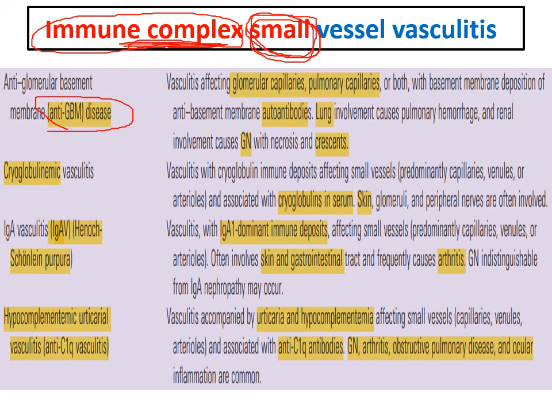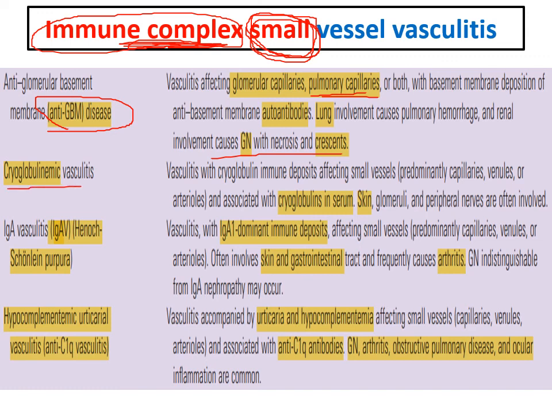Anti-GBM disease involves antibodies against the glomerular basement membrane. They usually affect basement membranes of the lung and kidney, causing pulmonary affection in the form of pulmonary hemorrhage, and kidney affection in the form of severe nephritic syndrome, proteinuria, hematuria, and rapidly progressive glomerulonephritis in the form of crescentic glomerulonephritis.